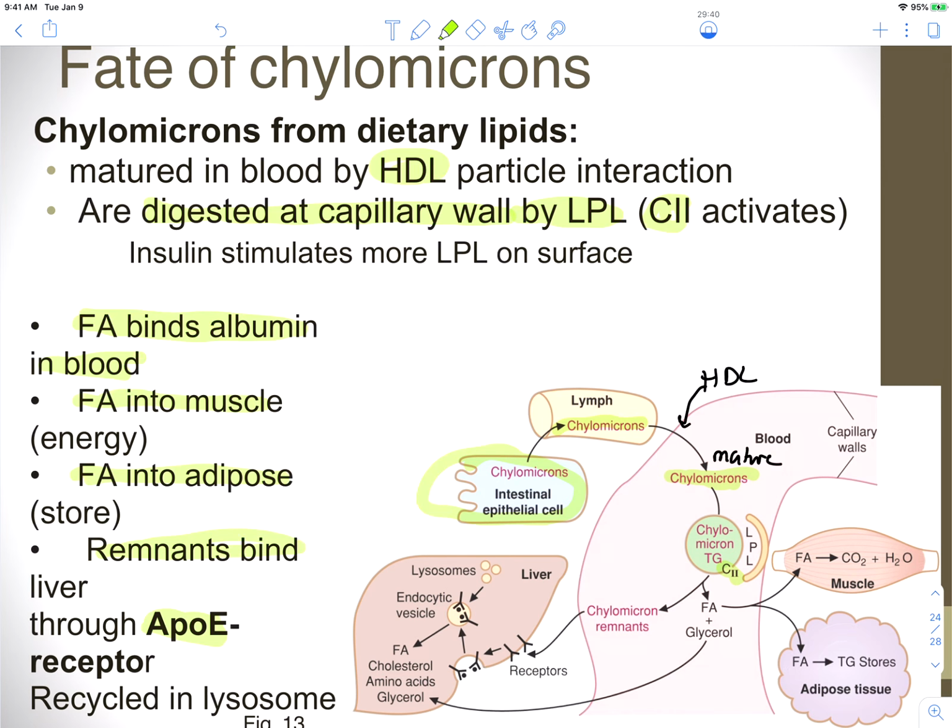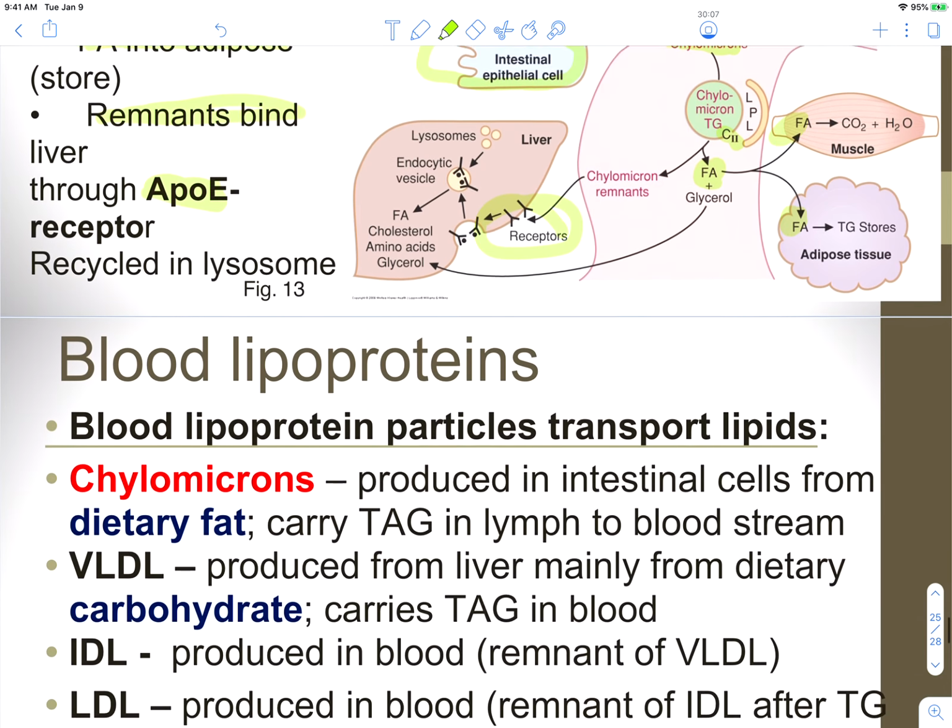And so it releases the free fatty acids that can be picked up. Muscle will use for energy. Adipose tissue will store. You can also release your fatty acids, and that can be picked up by your liver. Now the chylomicron remnants, sorry about that, are going to have ApoE, and then this is going to allow it to bind to the receptors on your liver cells and be removed from the blood.